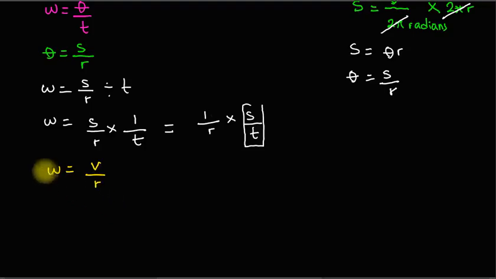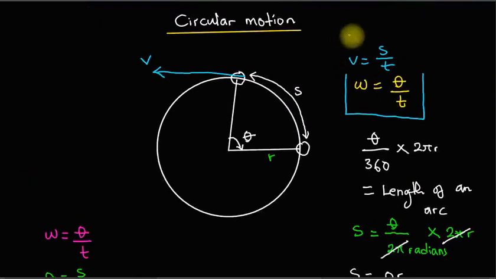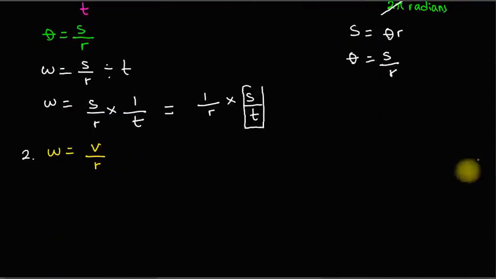This is equation number 2. This is equation number 1. This can also be represented as V is equal to WR.